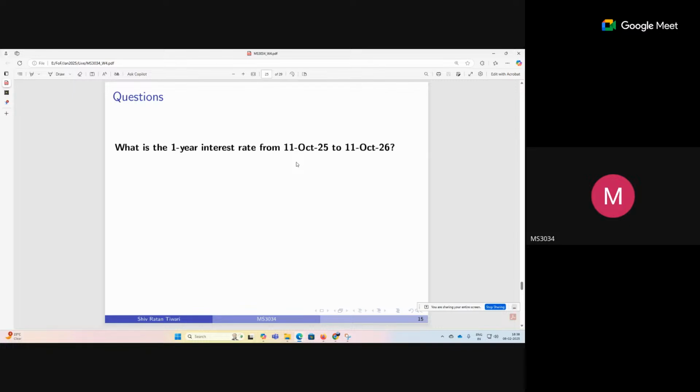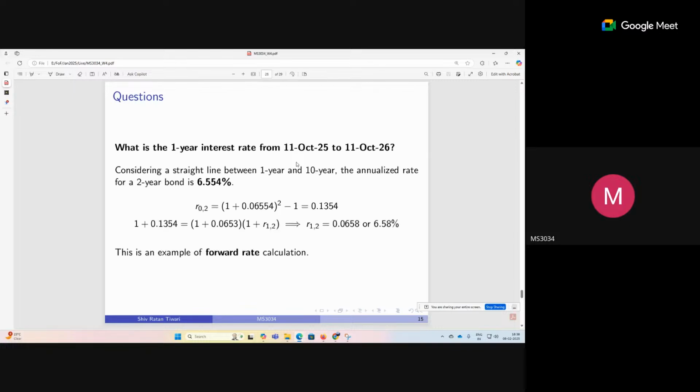Then how do you go about that? Following the notations which we used in the class, here there is no quotation given for a 2 year bond. So what we do is draw a line between the two given points, and we consider the curve to be linear between any two given points, and for in-between values we can calculate using the linear straight line formula.